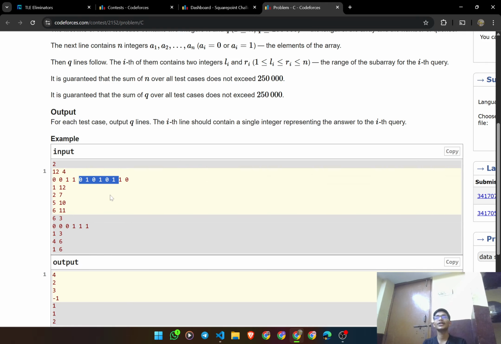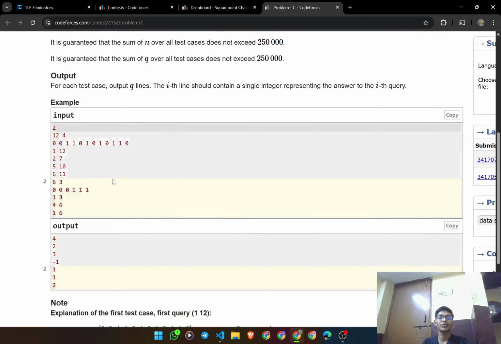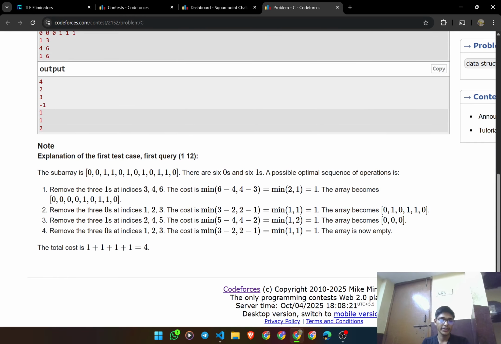If we have the alternating sequence, we will have to pay the cost which we have plus 1. Now if we don't get this type of sequence, what type of cost will we need?